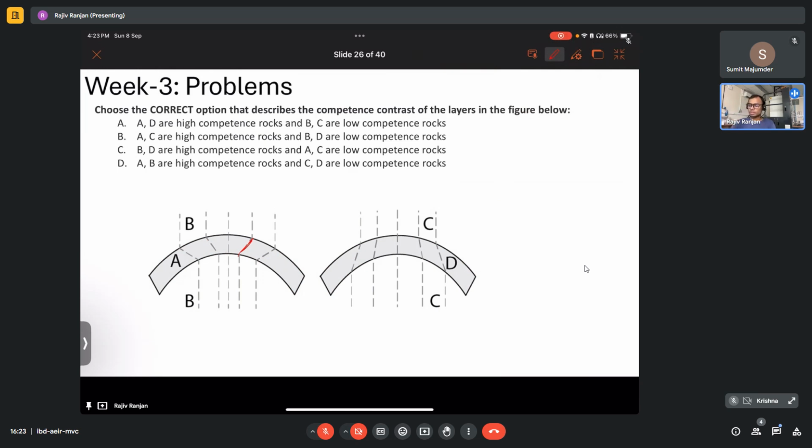So now try to see the options and mark the correct options. Option A is A and D are high competence rock, and B and C are low competence rock. So A and D.